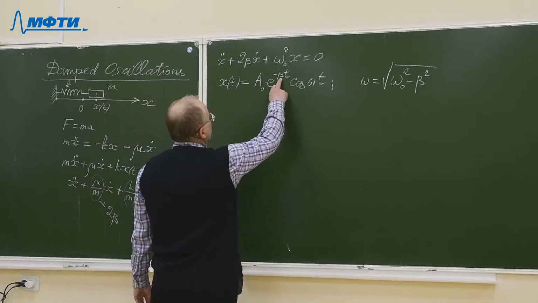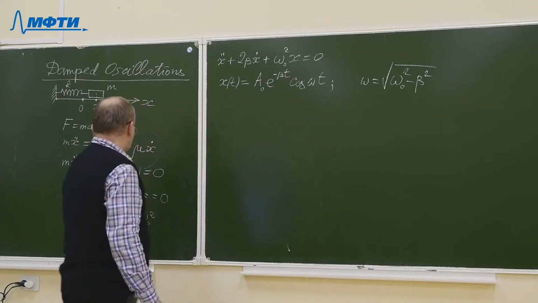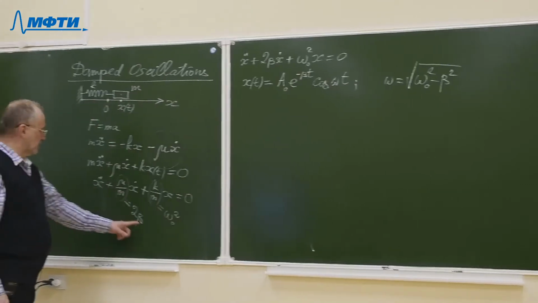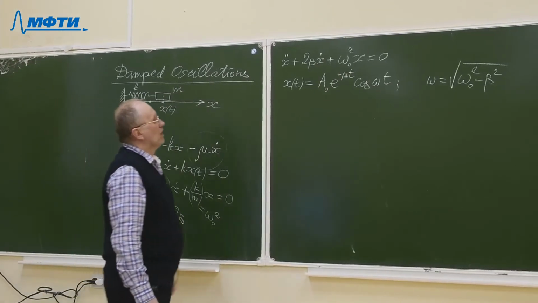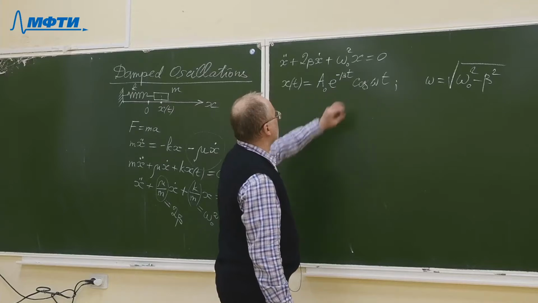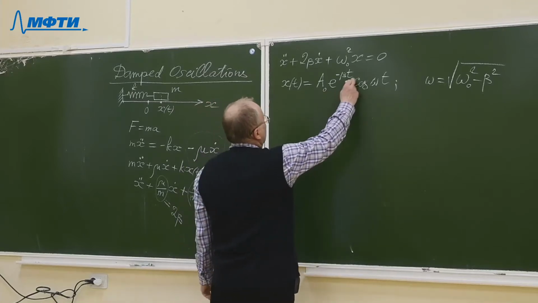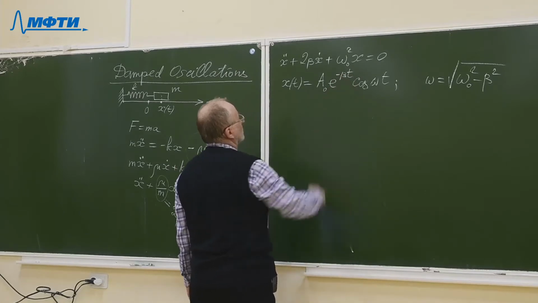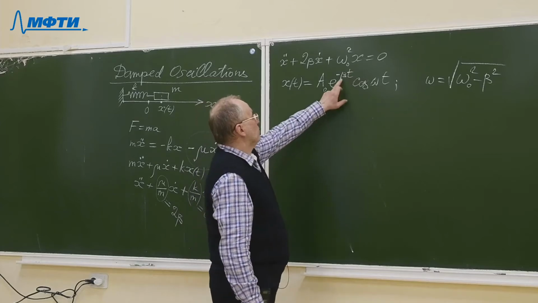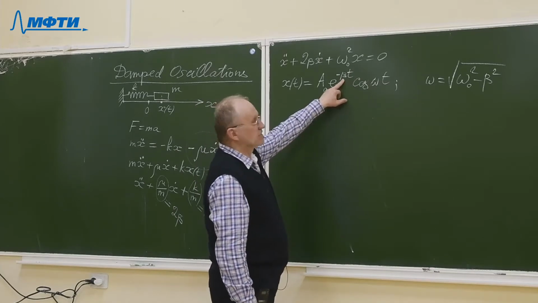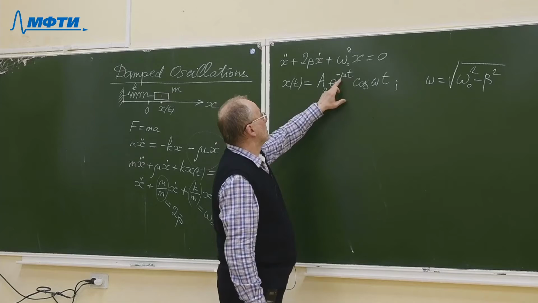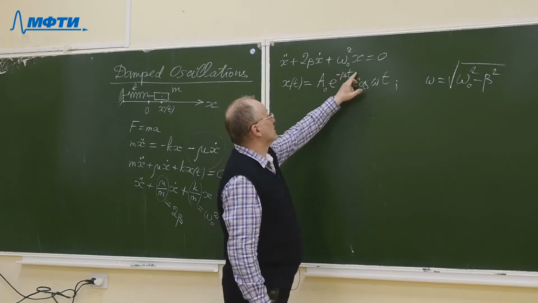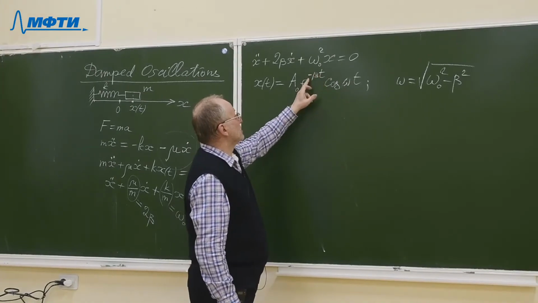So this beta, which was introduced here as the coefficient of friction, appears here as part of the argument of the exponent. And what is the dimension of this quantity? The argument of the exponent should be dimensionless.